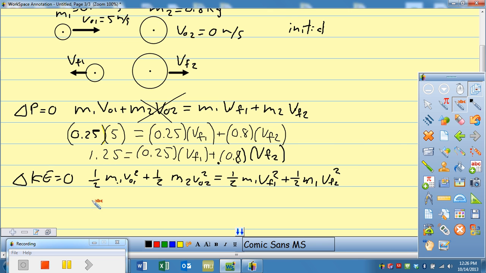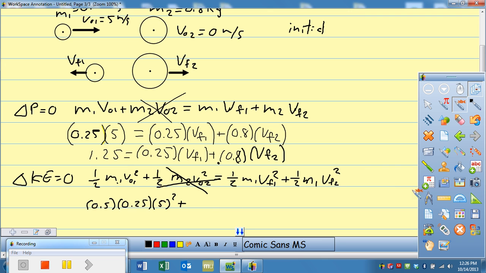That's 0.5, that's 1/2. M1 is 0.25. V01 is 5 squared plus, now we know that V02 is 0, so this goes away.